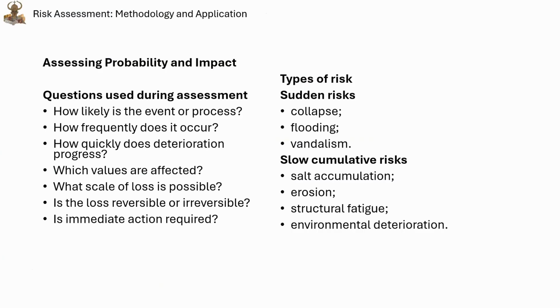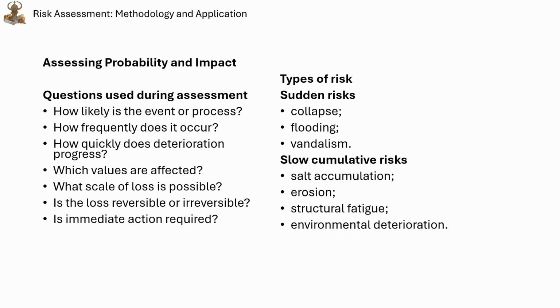Probability and impact are not always easy to measure numerically at archaeological sites. Many assessments therefore combine a lot of methods, and an important distinction exists between sudden catastrophic risk and slow cumulative risk.